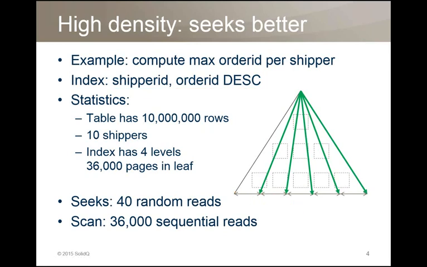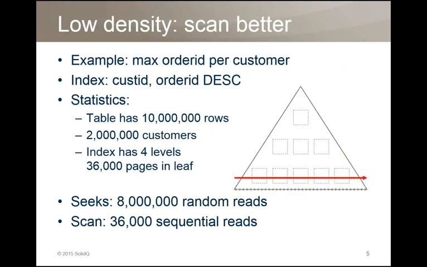And then let's take an example with very low density. So I mentioned an alternative group element, the customer ID. I need the maximum order ID per customer. And currently my table has 2 million customers, each you can see with an average of just a few orders, right? Remember, we have in total 10 million orders.